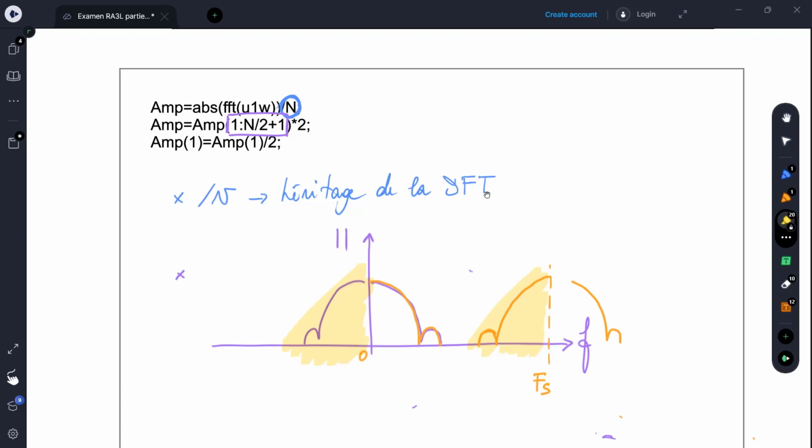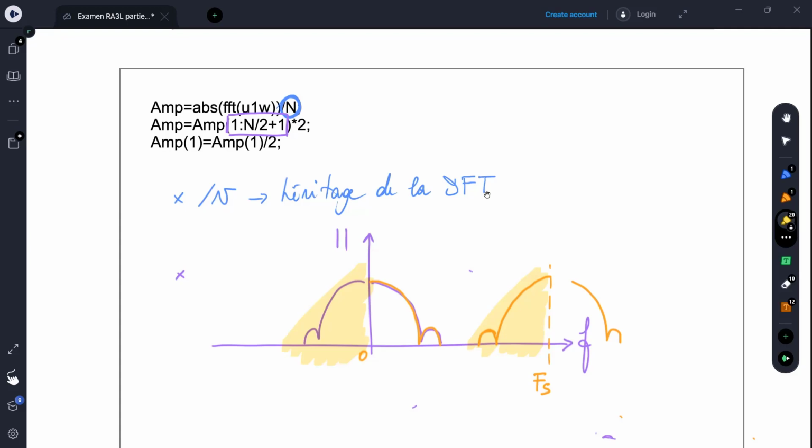Et vous savez que cette partie-là, on ne va pas la garder. Pourquoi est-ce qu'on ne va pas la garder? Parce qu'une sinusoïde qui oscille à une pulsation négative, c'est en gros la même chose qu'une sinusoïde qui oscille à une pulsation positive. C'est un vecteur tournant qui tourne juste dans l'autre sens, mais à la même vitesse. Et simplement parce que c'est quelque chose de pas très intuitif, on ne va pas représenter les composantes à des fréquences négatives.